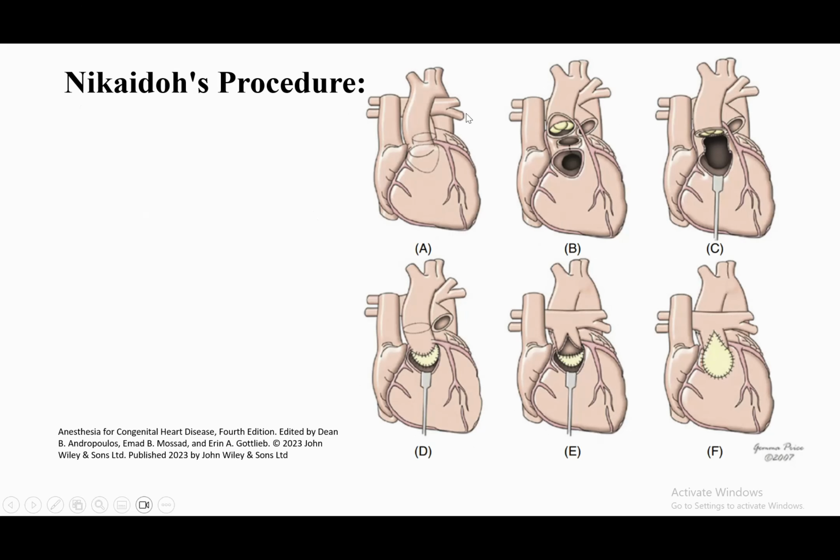So this is the Nikaidoh operation. Instead of doing an arterial switch, we switch the LVOT with the RVOT. So we take the pulmonary stenosis and put it on the RV, so the RV becomes stenotic, and we take the aorta with the RVOT and put it on the LV.